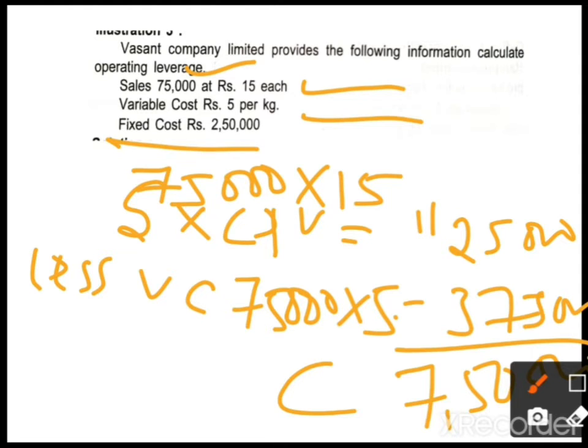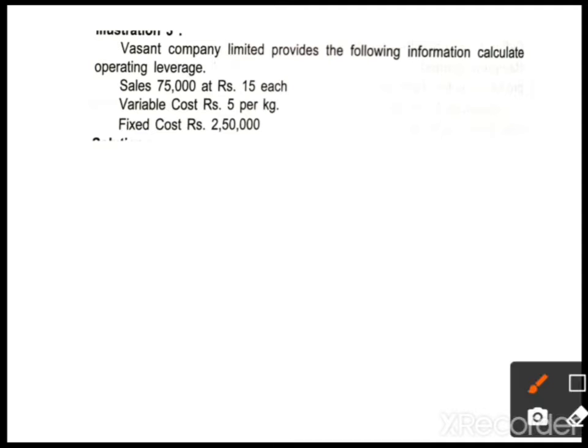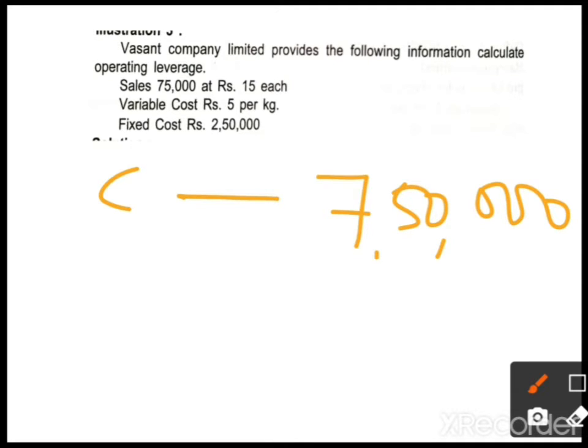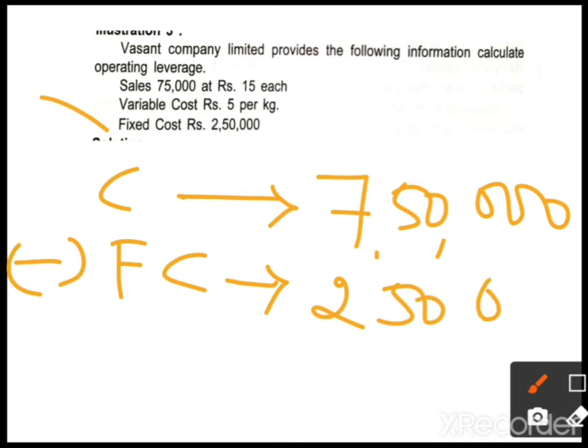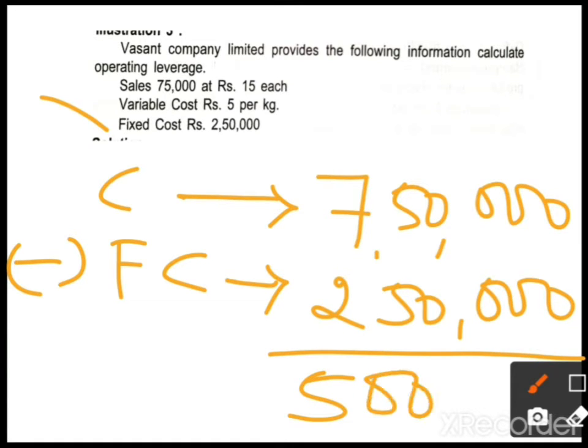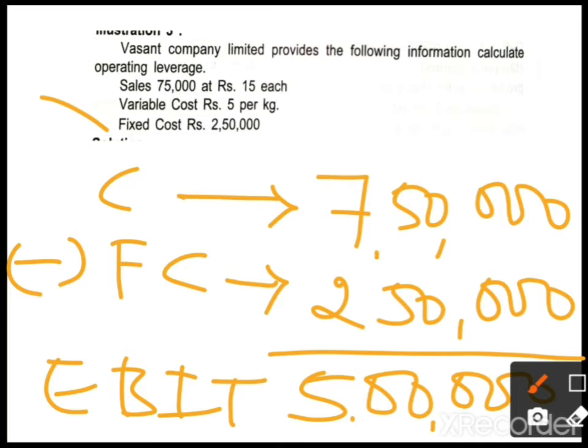So please take it, contribution is 7,50,000. Next, from the contribution of 7,50,000 we have to subtract the fixed cost. The fixed cost given in the problem is 2,50,000, and finally we get 5 lakh. The 5 lakh rupees is EBIT, which is nothing but operating profit.